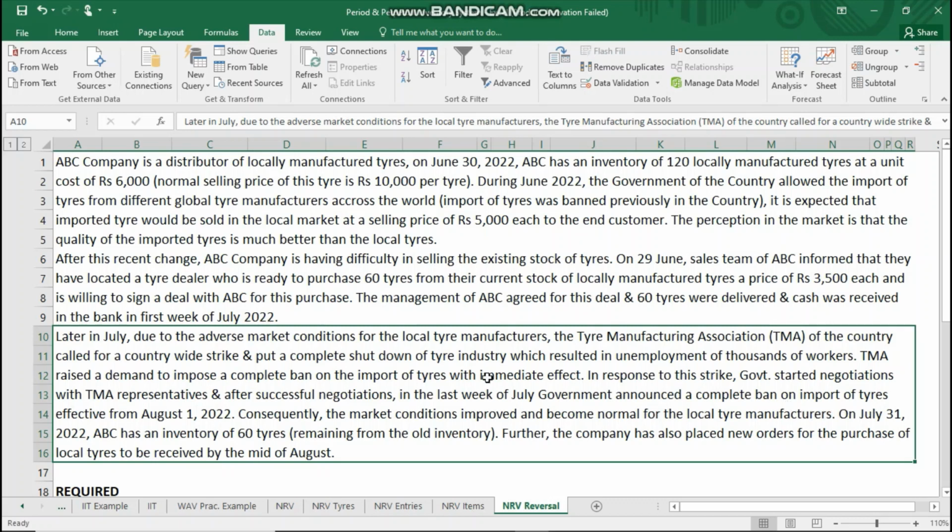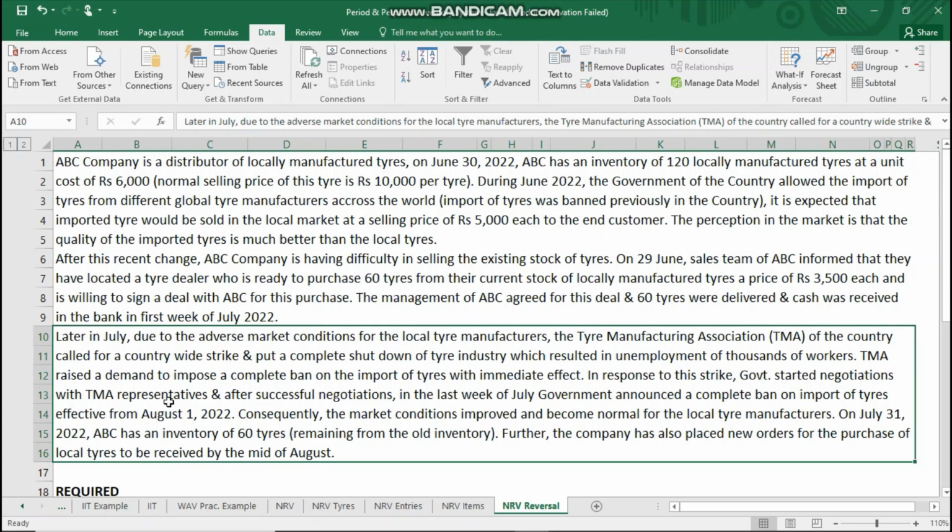on import of tires. Okay, so this is a favorable situation for local tire manufacturers because there will not be any import of tires, there will not be any tires coming from outside the country, so they will manufacture their tires, they will again go back to the same position which was prior to June when this change was announced by the government.